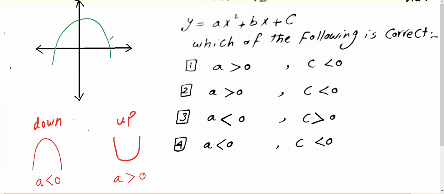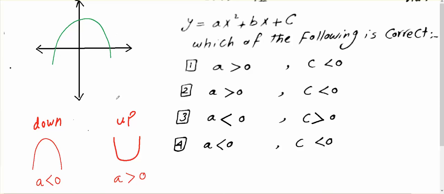The opposite curve represents the quadratic equation y equals ax power 2 plus bx plus c. Which of the following is correct? If you look at the opposite curve, you see that the curve opens downwards.